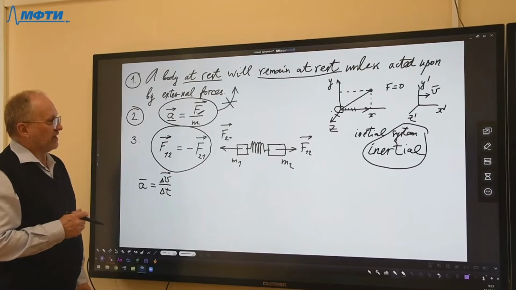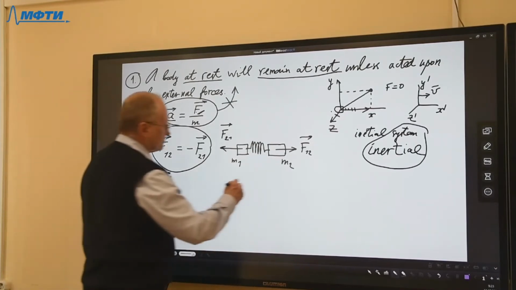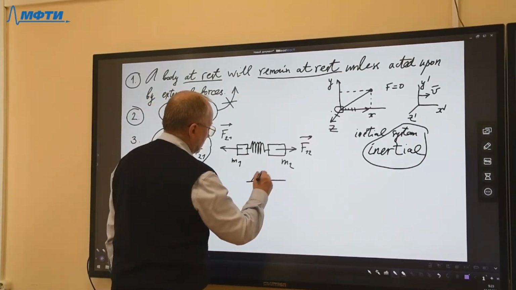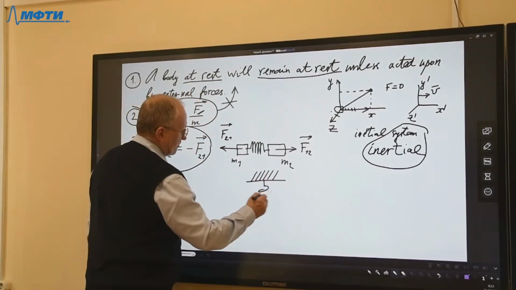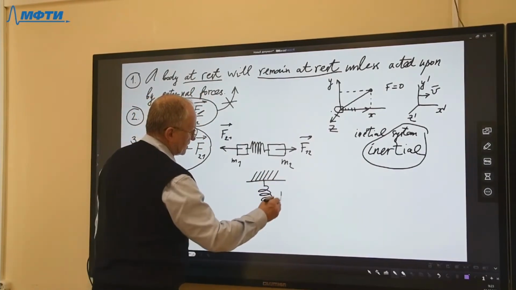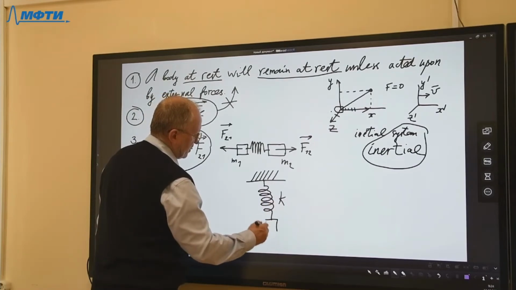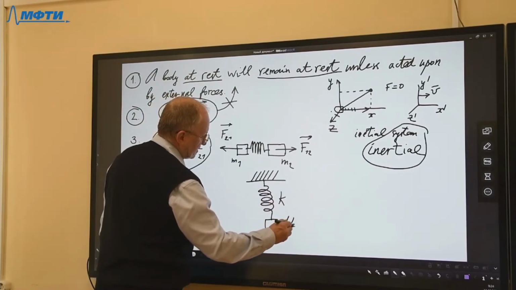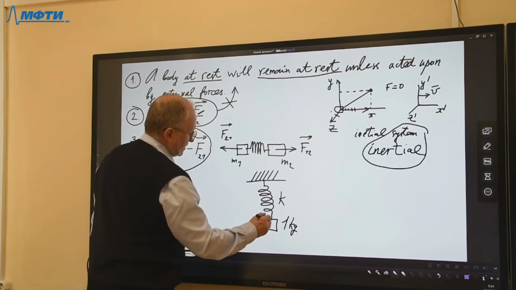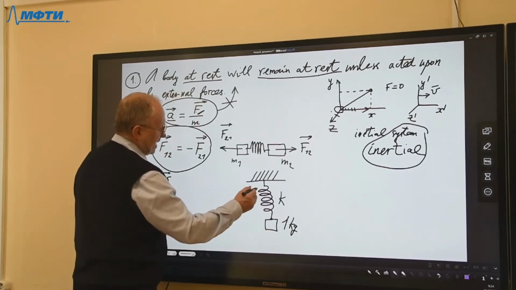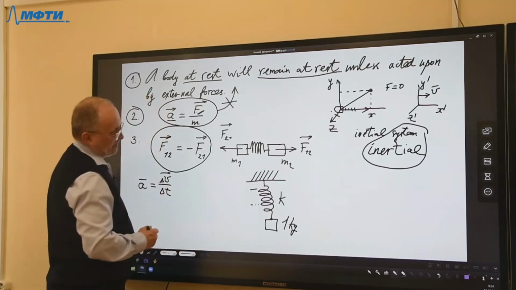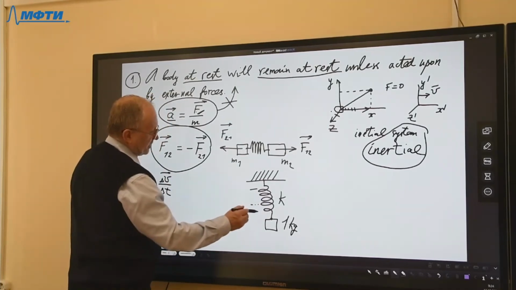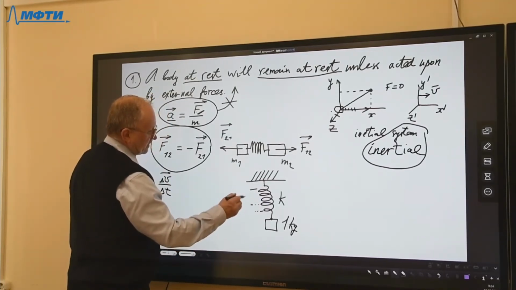So if we have a unit mass body and a spring of some stiffness K, and the unit mass body of 1 kilogram mass is attached here, then the spring will elongate. So this is the natural length of the spring, and this is an elongated length.